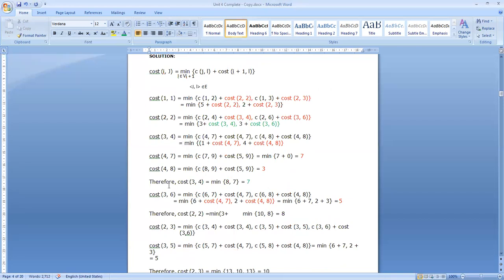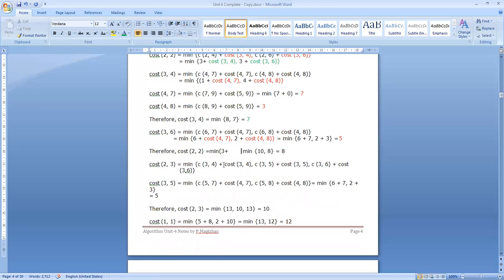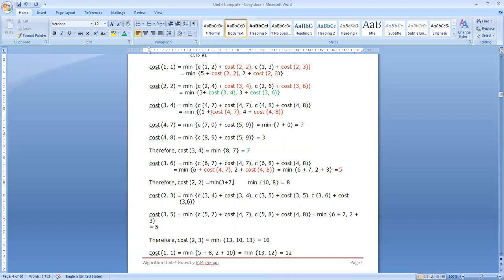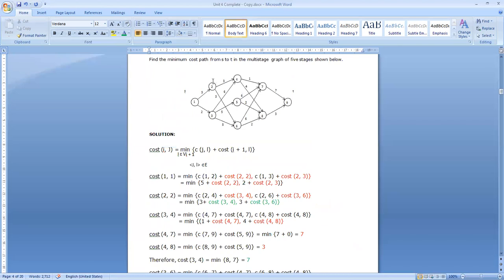Where is cost of 3 4? Cost of 3 4 is 7. So it is 3 plus 7, comma, then C26, C2 6 is 3.